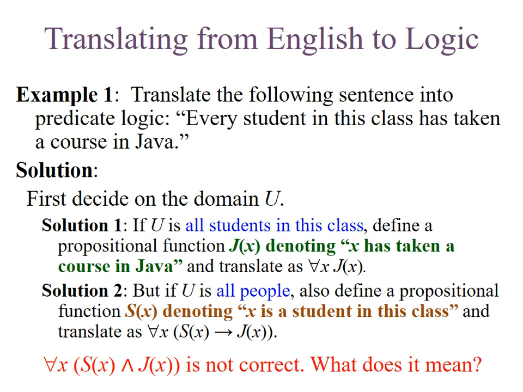So this is the Venn diagram when we consider the sets. That's different from the original sentence, right? Every student in this class has taken Java. It actually means we have all people here, but only some people are in this class, and all of the students in this class have taken Java. So you can see this one has a totally different meaning than this one. Is that okay?